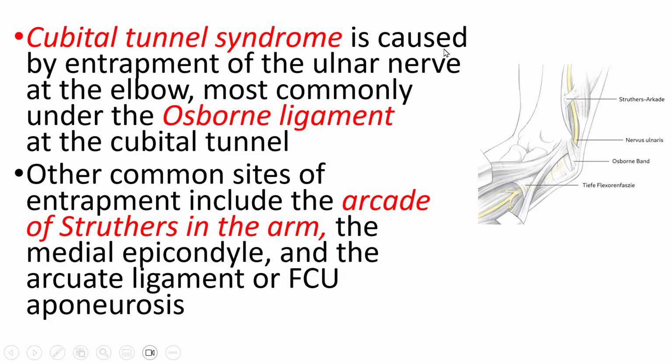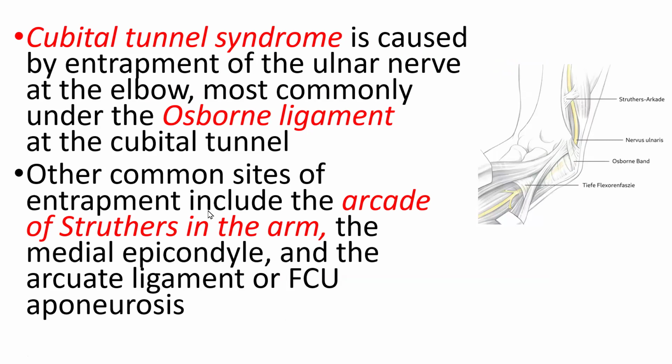And the cubital tunnel syndrome is caused by entrapment of the ulnar nerve at the elbow, most commonly under Osborne's ligament at the cubital tunnel. And this is Osborne's ligament. And you have the cubital tunnel, the nerve is underneath it, and then it could be compressed.